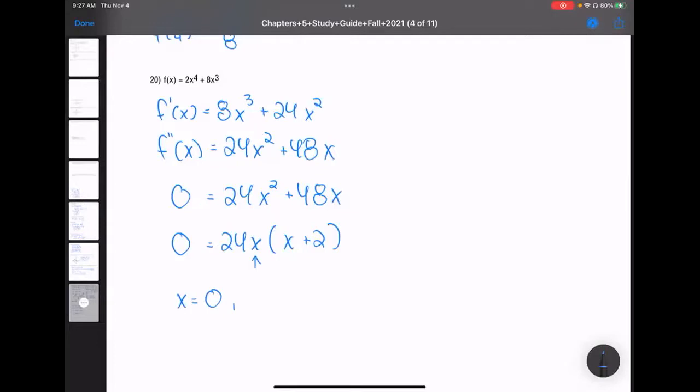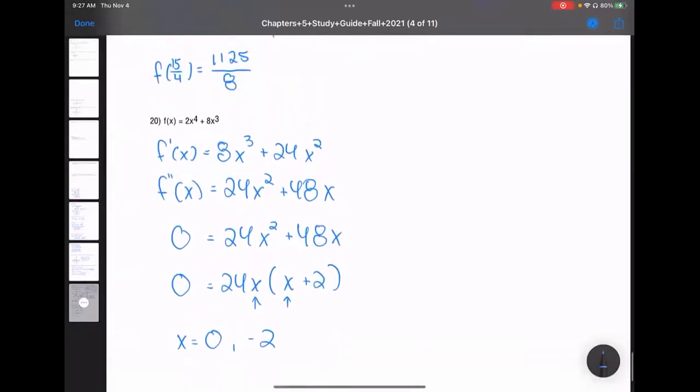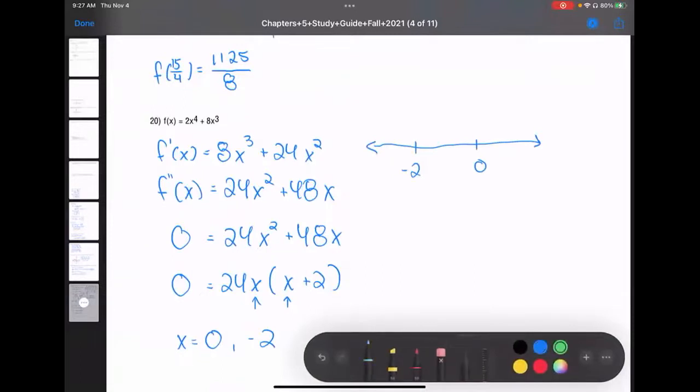And then we also know that if we plug in -2 here to balance out the +2, that would also give us 0 times x times 24, giving us 0. Okay, so these are our two inflection points. We're going to make that number line again, with -2 and 0.